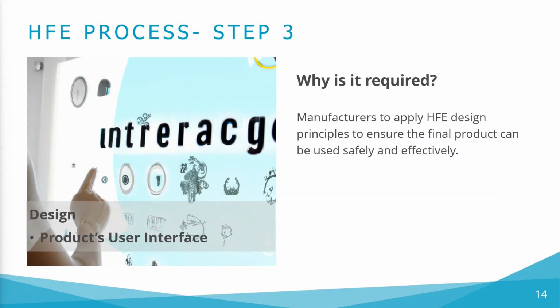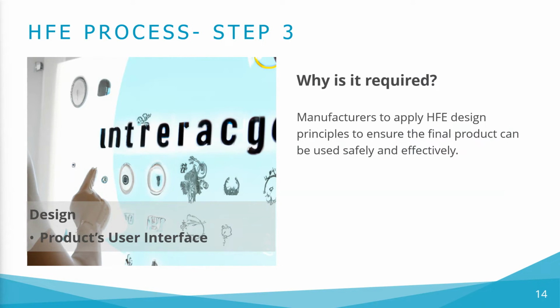HFE process step 3: design. Design is part of the HFE process during which a product's user interface is conceptualized, specified, and implemented. This step includes the design of all aspects of the user interface, such as the product's hardware, software, labeling, and training. Why is it required?